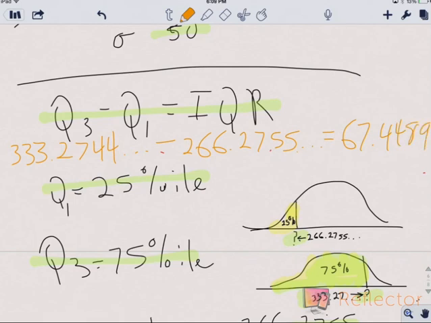If you want to write it to three significant figures, it's going to be 67.4, and that is our answer to that problem. Okay, good luck studying for your exams. I hope that helped.